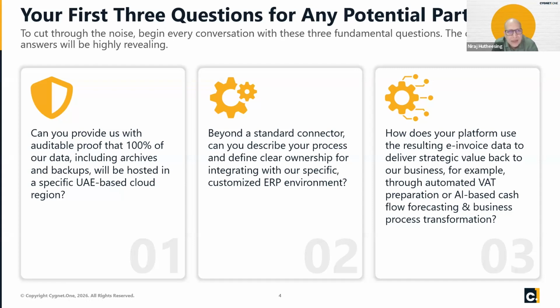Some of the clients who have a much larger footprint look at what type of experience you have, what brand you are carrying, and how you support their implementation. And some clients understand that this is in future going to go towards VAT as well, and they want to see how your e-invoicing and VAT are correlated. These are the types of questions multiple clients ask us, and we guide them on the same as well.